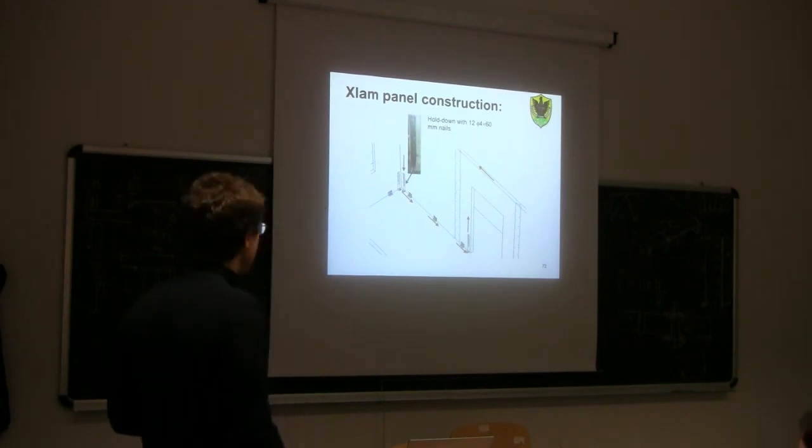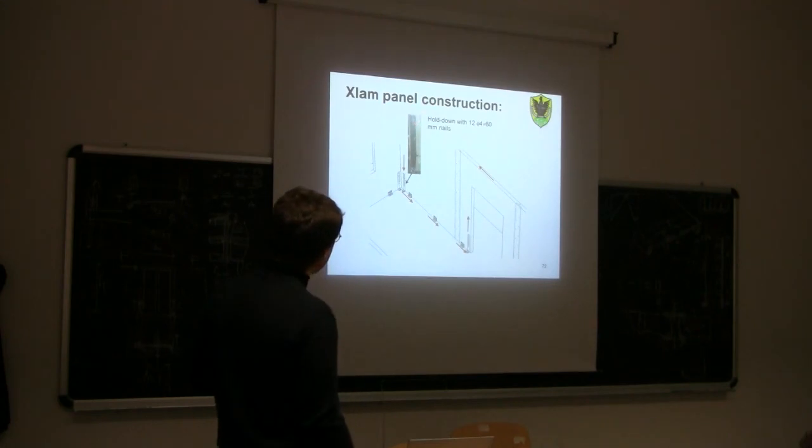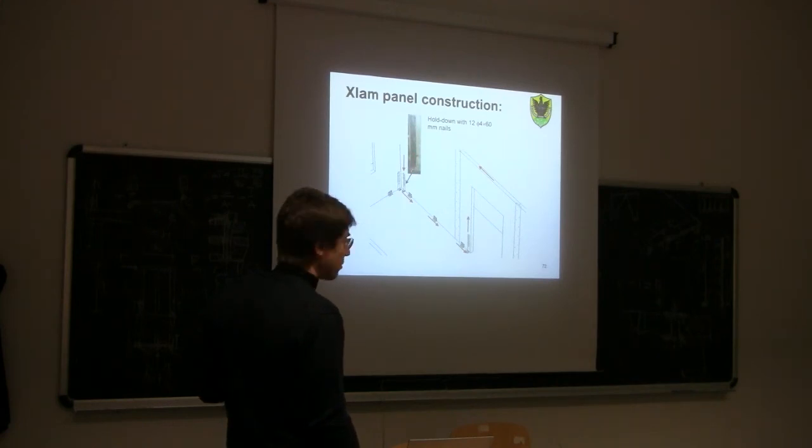The hold downs are steel plates like this that are nailed on the wall on one side, and connected to the foundation using bolts on the other side. For example, in this case, they use 4 millimeter diameter nails, 60 millimeters long, to connect the plate with the wood.